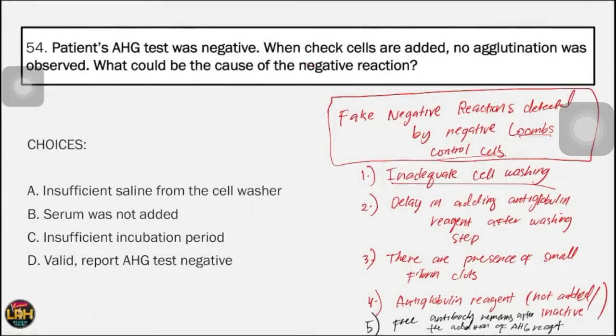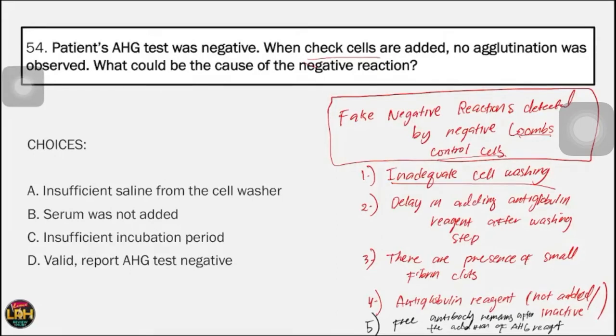In this case, the AHG test was negative and there is no agglutination after the addition of check cells. So what are the possible reasons why we encounter this in the laboratory? The following are the false negative reactions detected by the negative Coombs control cells. Number 1, there could be inadequate cell washing.